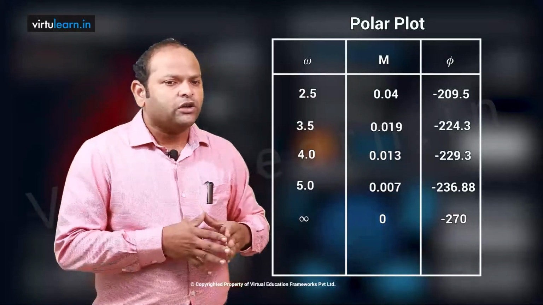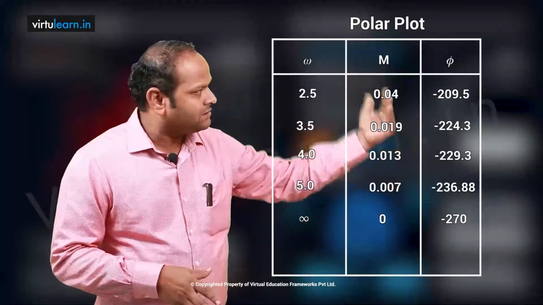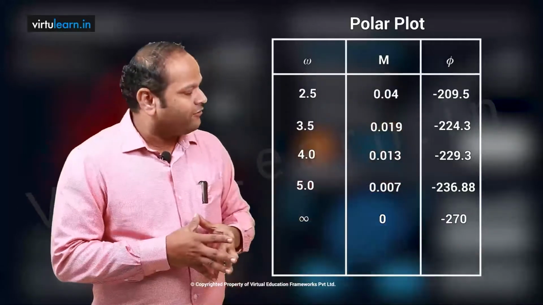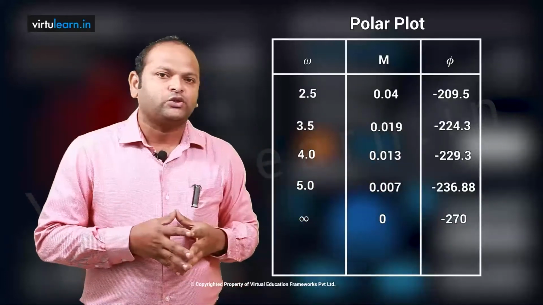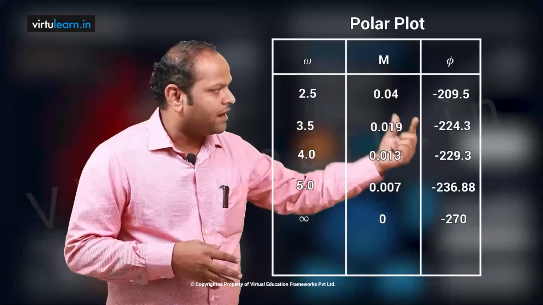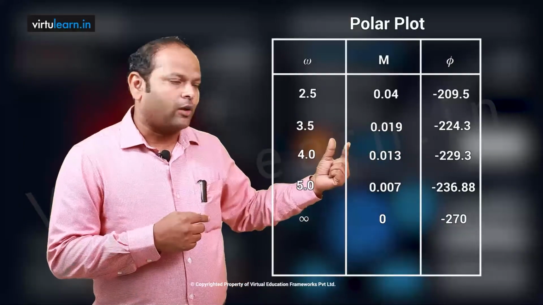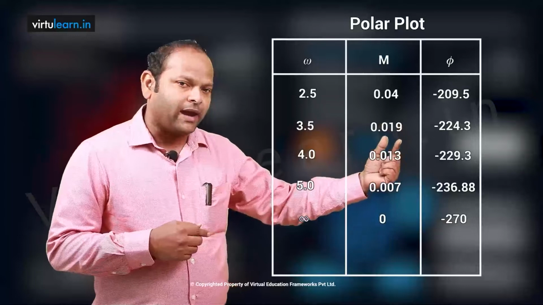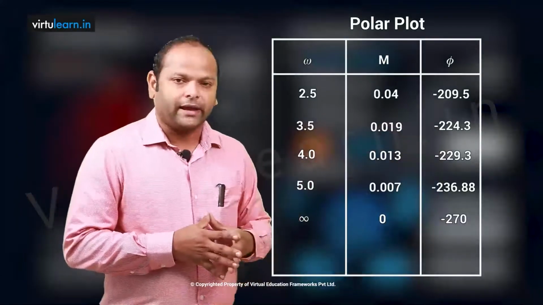If you increase the omega values, in the second table we can increase like this and go up to infinity. When omega is infinity, the phase angle is minus 270 degrees and the magnitude is 0. So infinity is the ending point of the polar plot, 0 is the ending magnitude and minus 270 is the ending phase angle.